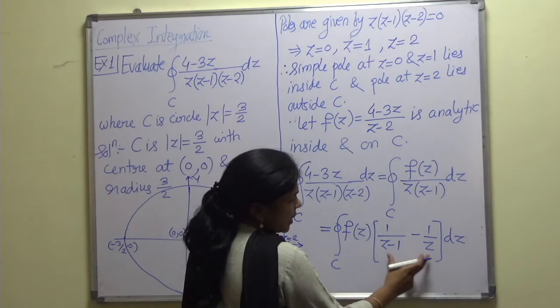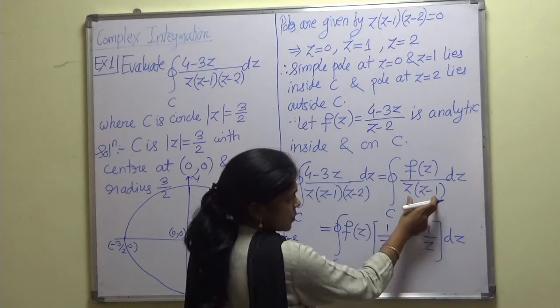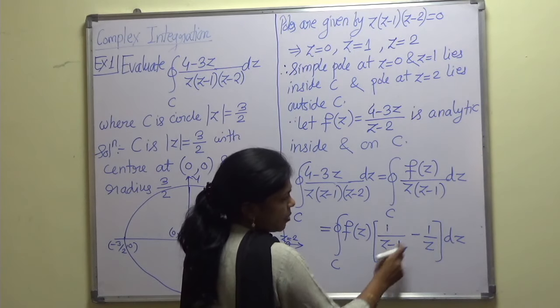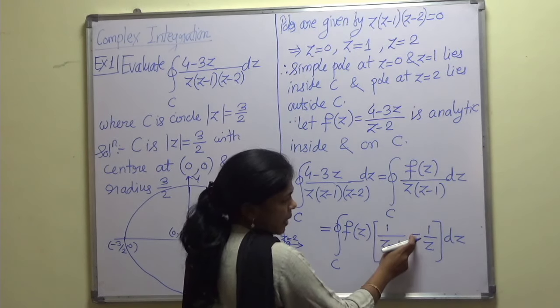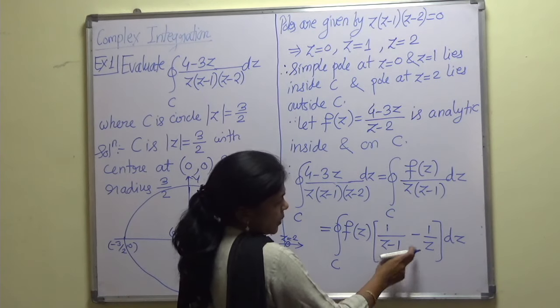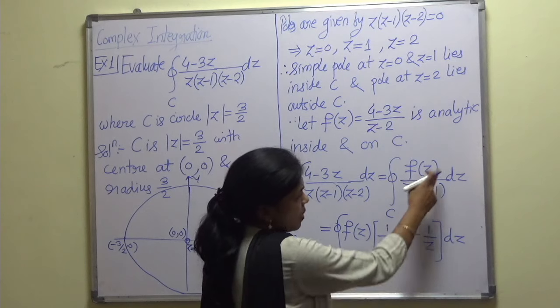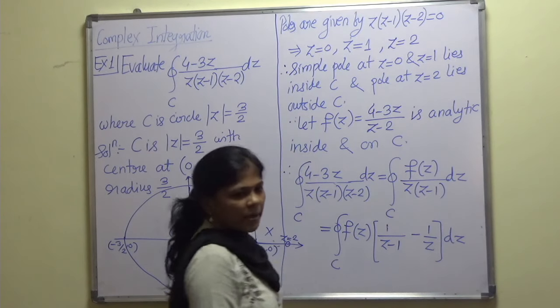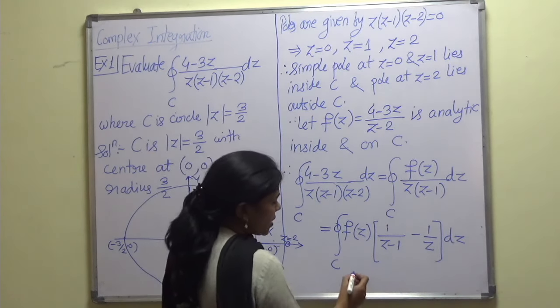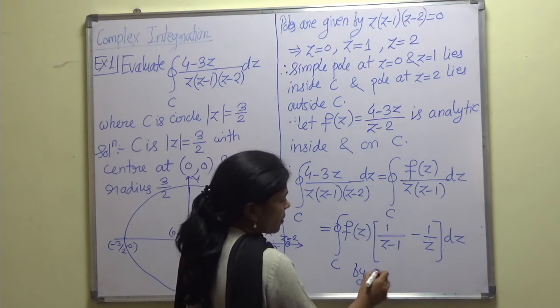Yes, see here, the LCM is this. Now cross multiply the numerator. So it is z minus of z minus 1. So z will get cancelled, minus minus 1 plus 1. So what am I getting? 1 upon z into z minus 1. So in this way I am getting this term separated by partial fractions.